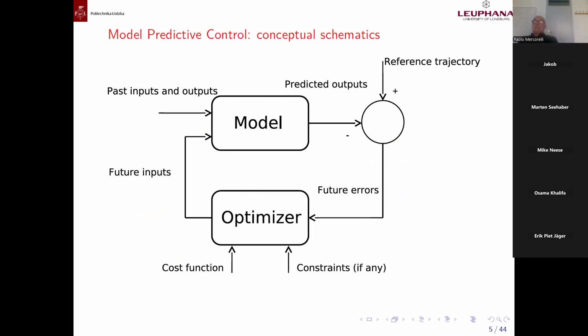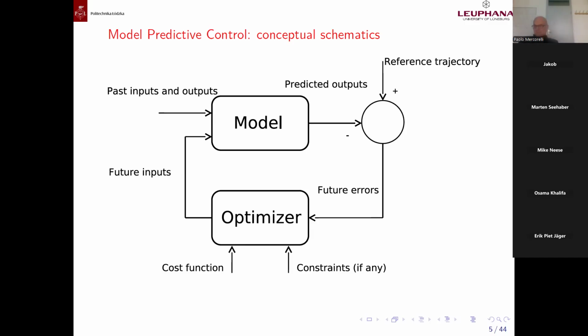And the optimizer, or better to say, the optimization method, is nevertheless inside the computer, the microcontroller, which takes the predicted output and the reference trajectory. Basically, here we have a minus: reference trajectory minus the predicted output.